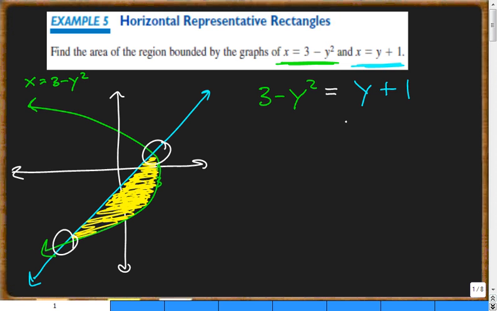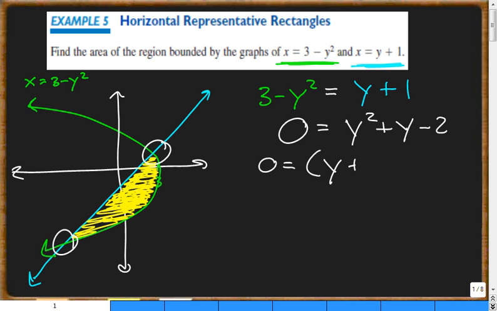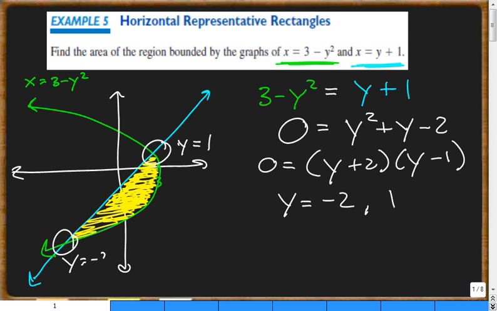We get y squared plus y minus 2 equals 0. This factors to y plus 2 and y minus 1, which means we have y values of negative 2 and 1. So this value up here is y equals 1, and this is y equals negative 2. So we're counting from negative 2 to 1 in terms of y.